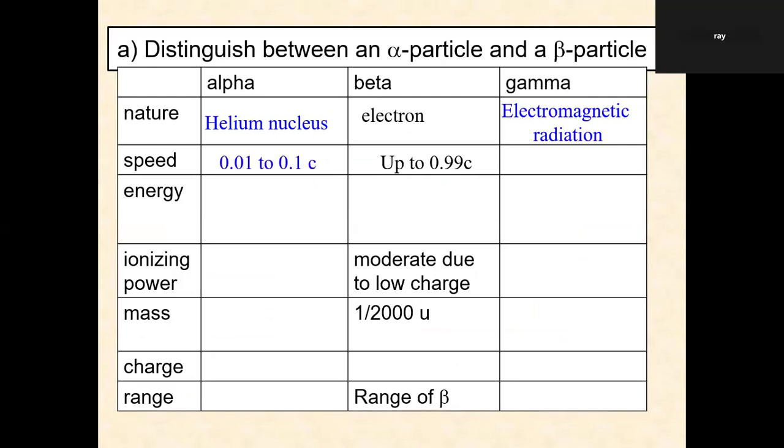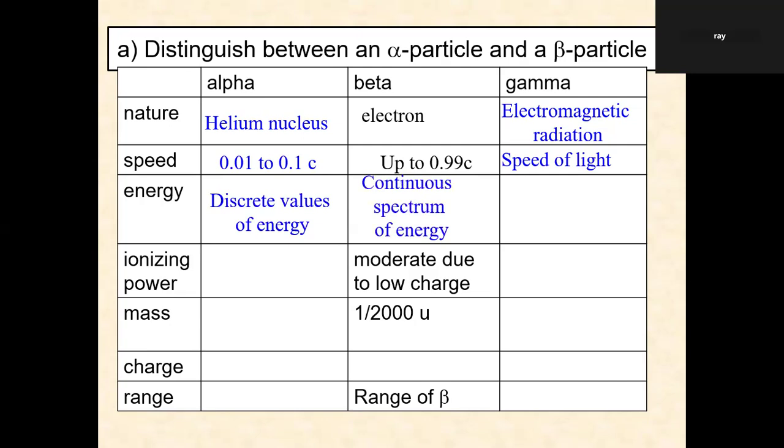Speed: alpha is about 0.01 to 0.1 speed of light, roughly 10 to the power 6 meter per second, whereas beta can be up to 99% the speed of light, and gamma is the speed of light. Alpha energy is discrete, beta has a continuous spectrum of energy, and gamma is also discrete.